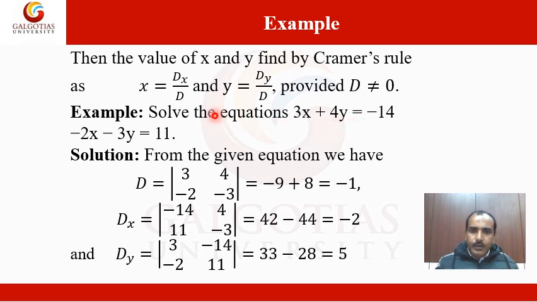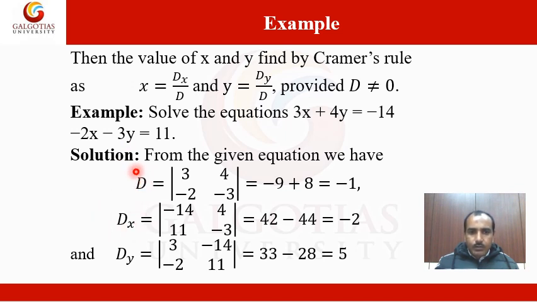Let us consider a system of linear equations 3x plus 4y equal to minus 14 and minus 2x minus 3y equal to 11. Find the values of x and y using Cramer's rule. For Cramer's rule, first of all we write the determinant D of coefficients of x and y, and determinants Dx and Dy.